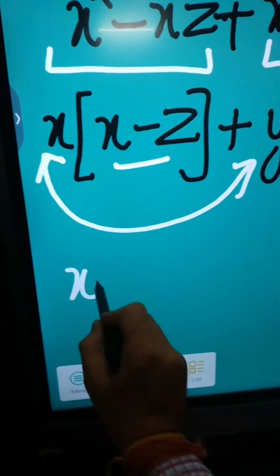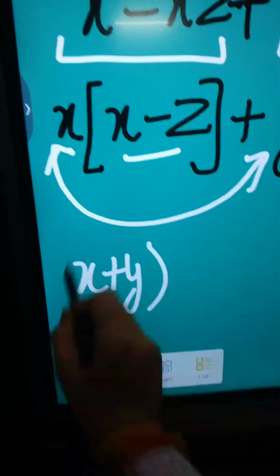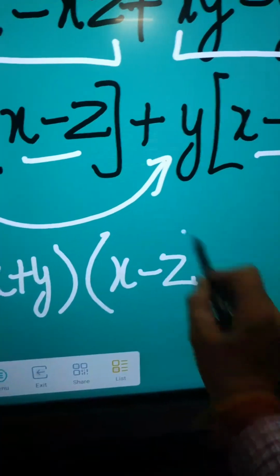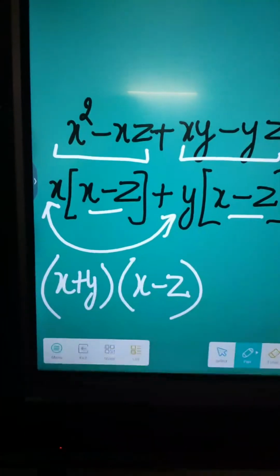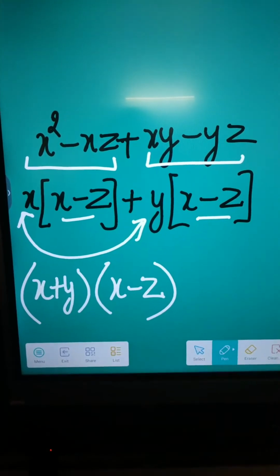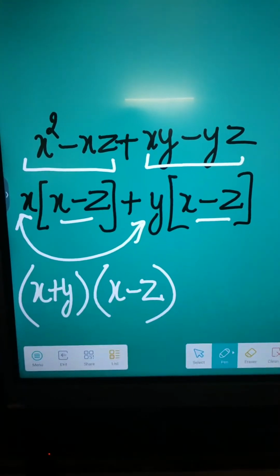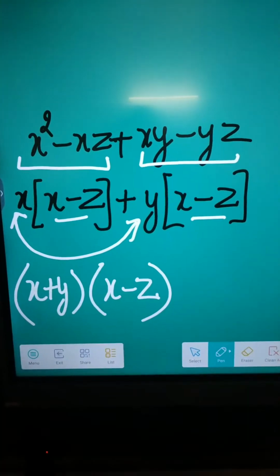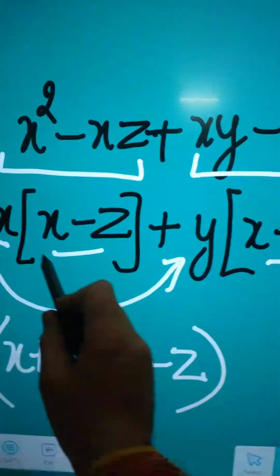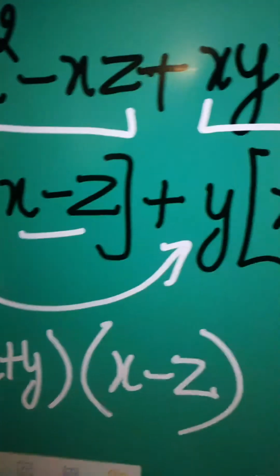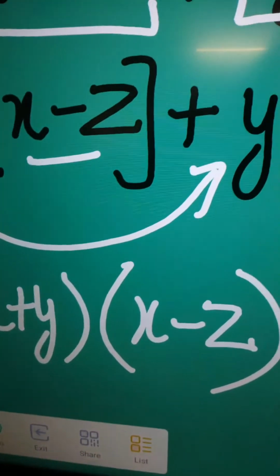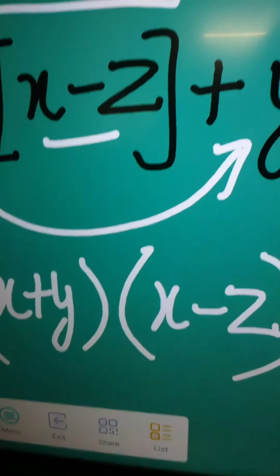So x plus y and x minus z is the answer. So we have got two factors. Revise this step which I have just now told, and then try to solve another one.